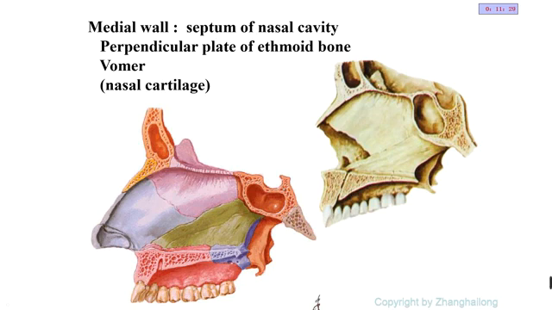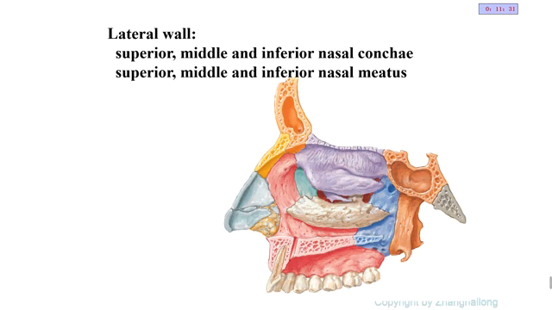It's the medial wall. Now let's see the lateral wall. This is the right nasal cavity, and you see the right nasal cavity's lateral wall. On this wall, you can see there are three conchae: superior nasal concha, middle nasal concha, and inferior nasal concha. The inferior one is a separate bone.